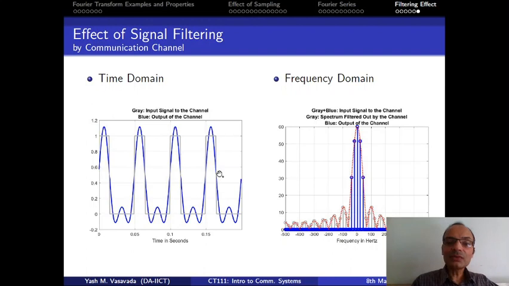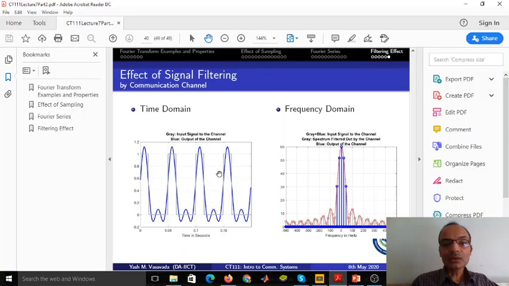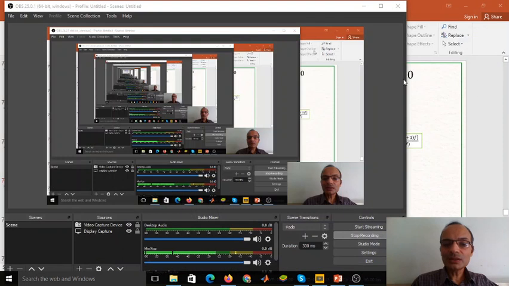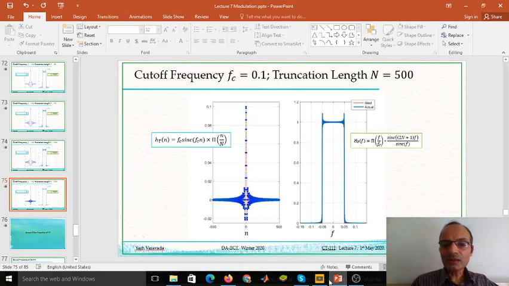So that is an example of a negative effect of filtering. Okay, so that is pretty much it in terms of the filtering aspect.